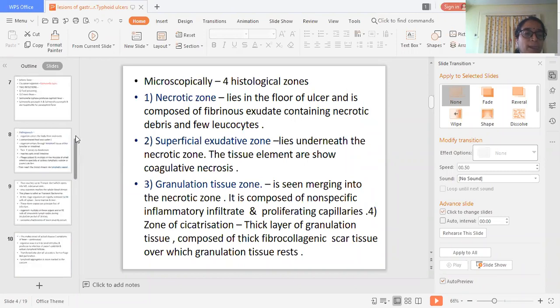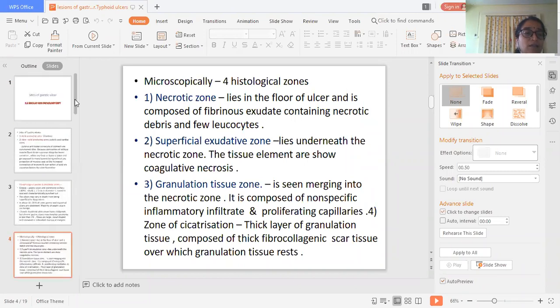And there is one homework for you: please read about hyperemia. What is hyperemia? It is a very important topic from your general pathology.